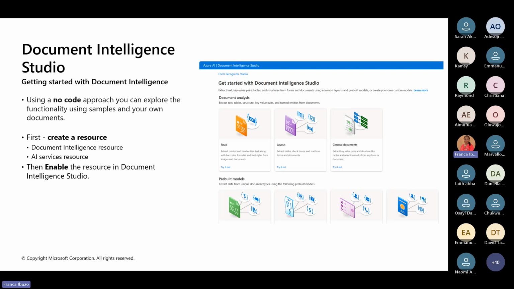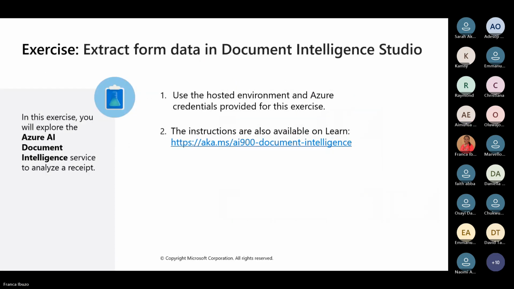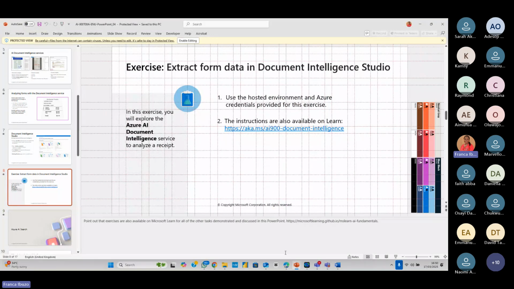You have a lab anyway now in this one. First create a resource, document intelligence resource, AI services resource. Then enable the resource in document intelligence studio. The lab will tell you the steps. So getting started, the page, select a model to try. Okay. So you have this to work on later.